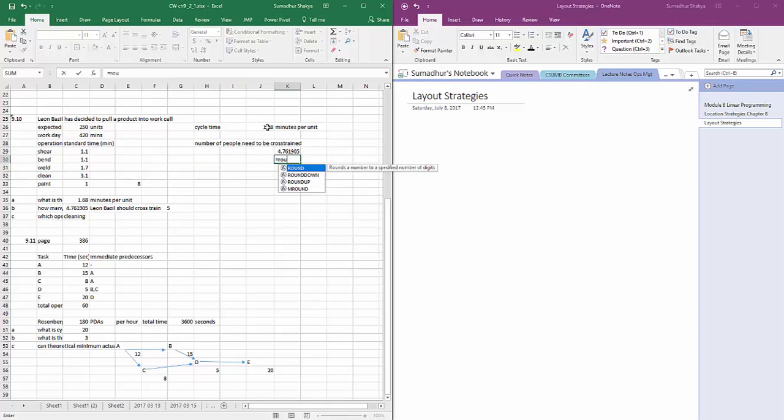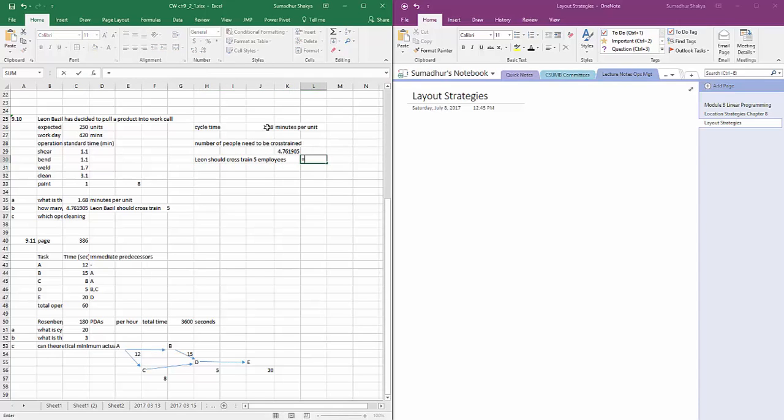Let me do that here itself. Round up. Usually we don't do that, but we can justify that in our explanation. So that's how we should do it. Lee should cross-train 5 employees, because there is no such thing as 4.76.